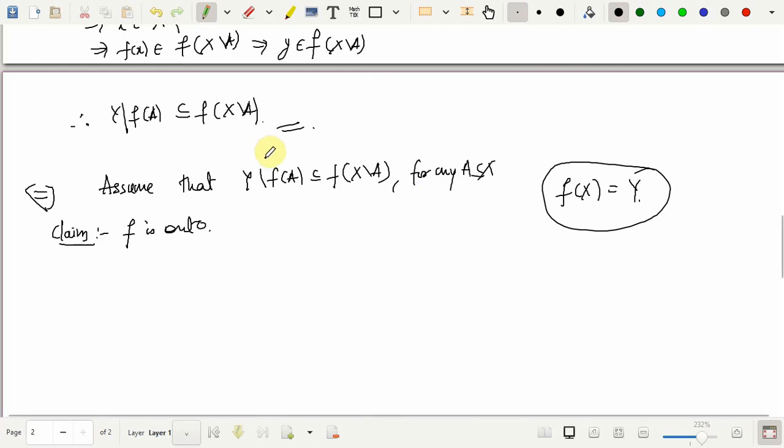It's always contained in Y, so that relation is always true, and then we are done.